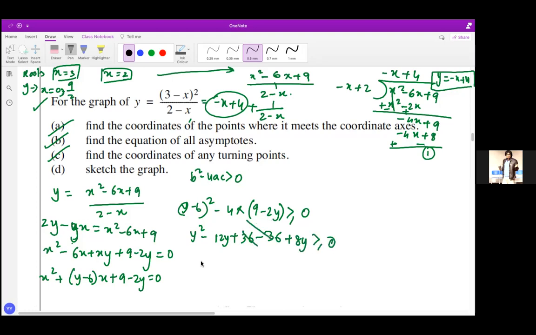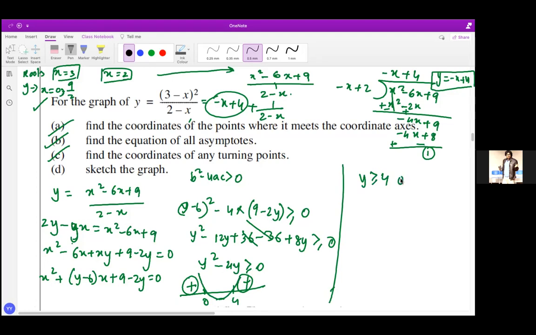Cancel. You get y squared minus 4y greater than or equal to 0. If you draw the sign diagram, you get 0 and 4. It's positive outside and negative between, because it's a happy face graph. So y is greater than or equal to 4, or y is less than or equal to 0. So this is the y value.